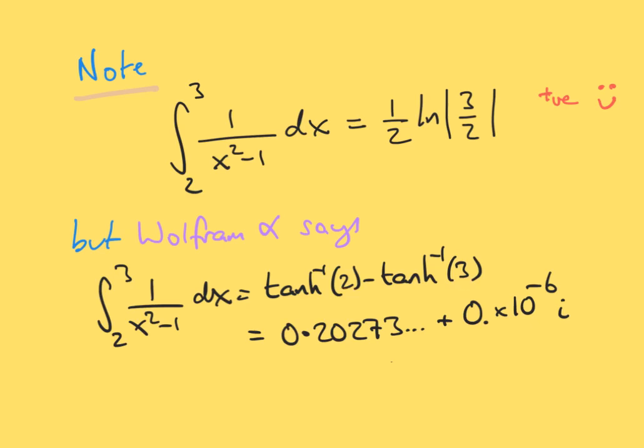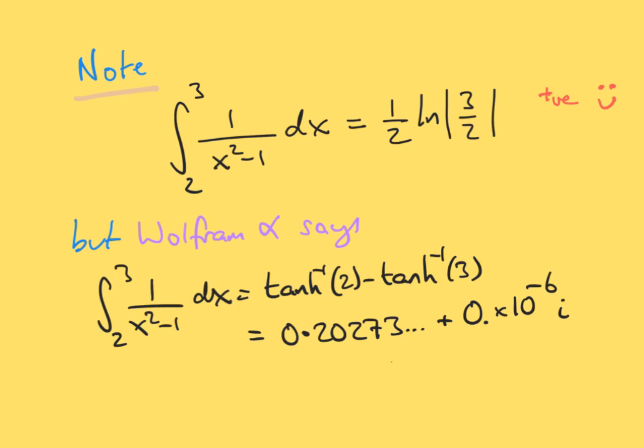And what's happening here is that Wolfram Alpha is extending these functions into the complex world, and when it does that, these functions become complex, and the complex parts of these functions cancel, and you can see that here because it's writing it as 0 point, so numerically it's saying this is 0.